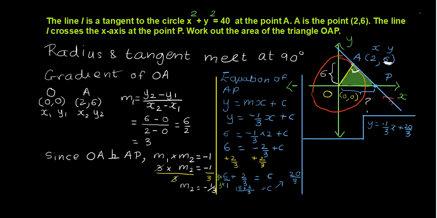So we'll have 0 equals minus 1 over 3x plus 20 over 3. To get x on its own, the first thing I'll do is subtract 20 over 3 both sides.